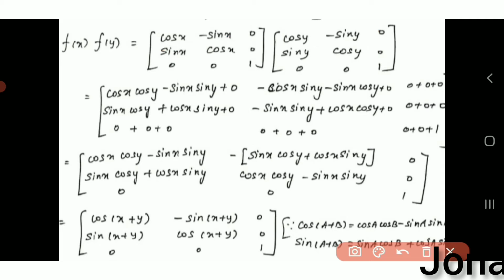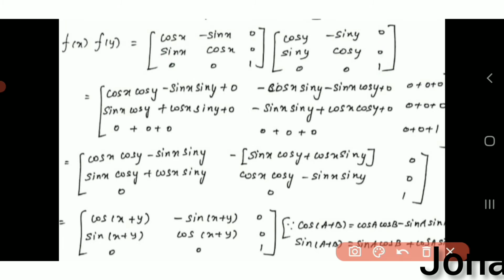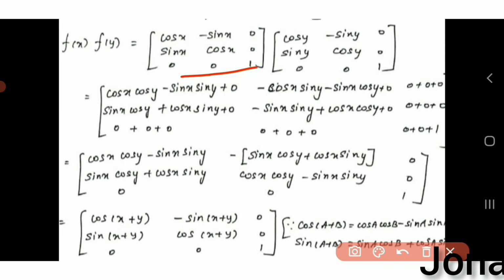Then as usual, second row first column is here, and then second row second column is here, then second row third column is here, then third row first column is here, then third row second column, then third row third column is here.